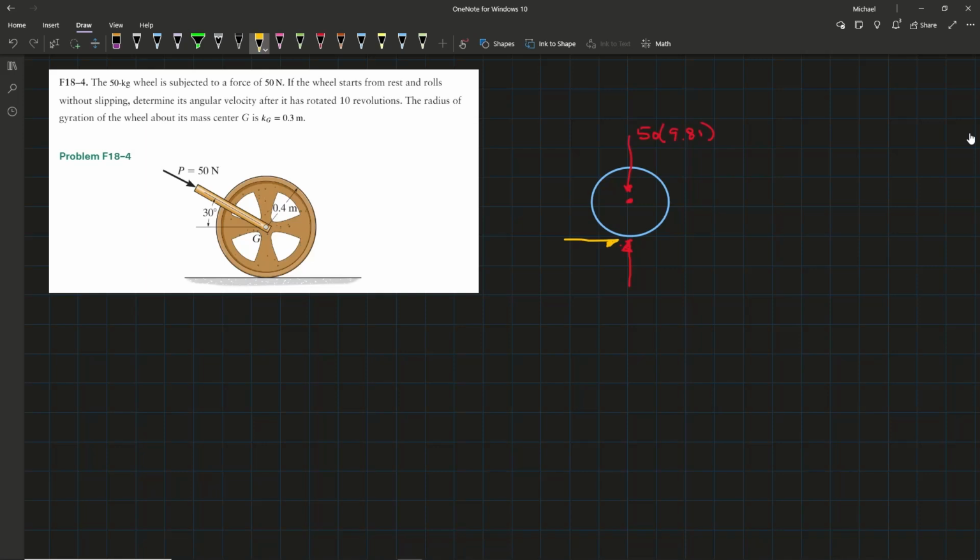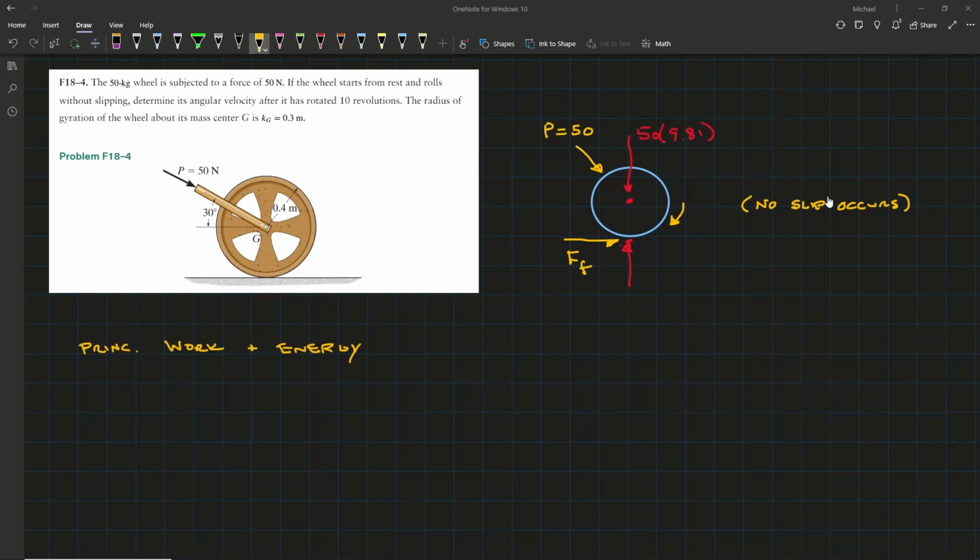And then I have a force of friction which opposes the motion of the wheel here, and a 50 Newton force. Okay, we have no slip occurring.